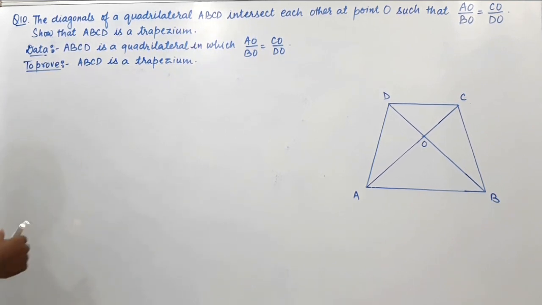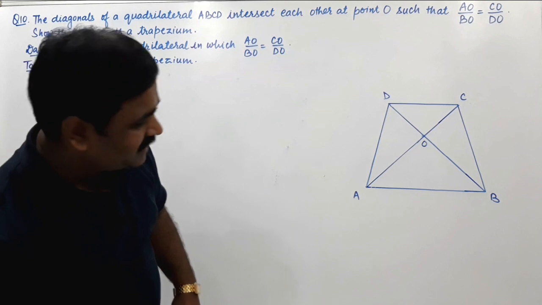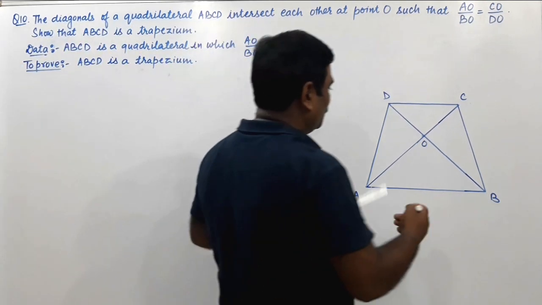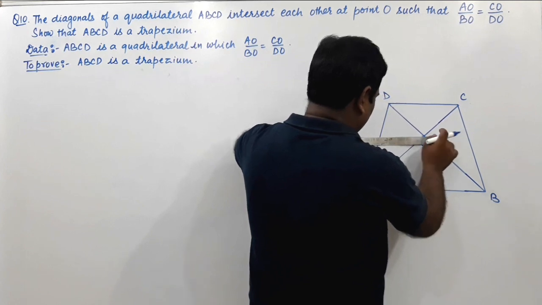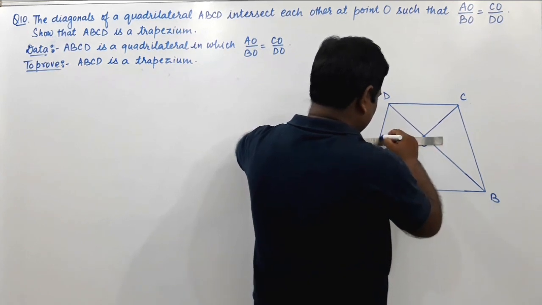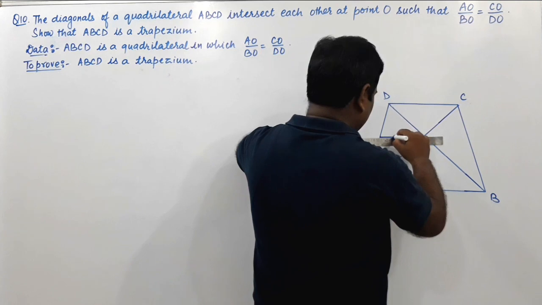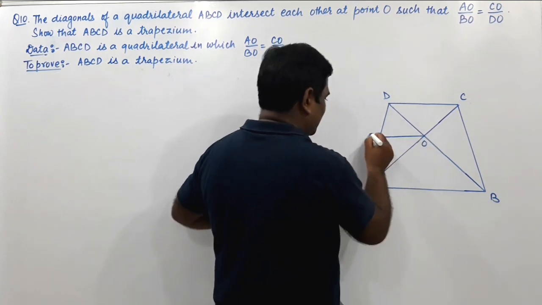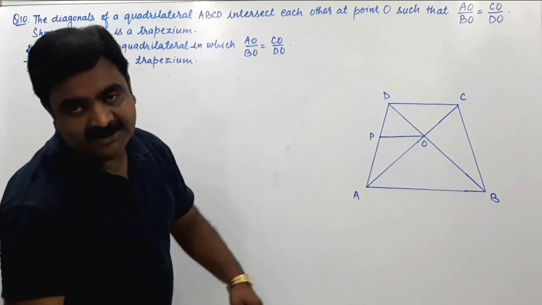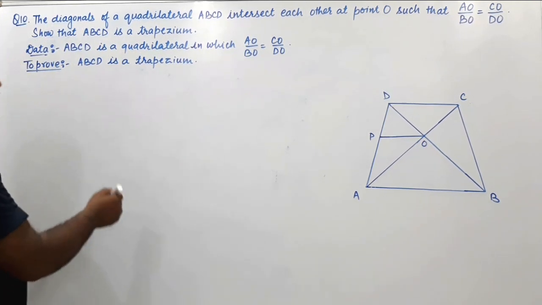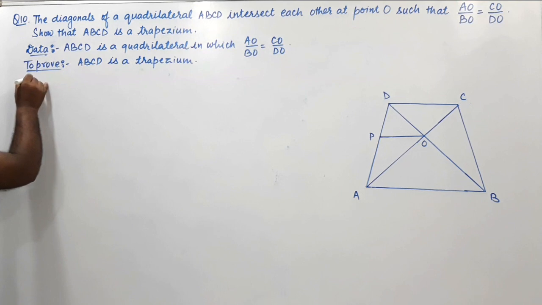So to prove this we need to do some construction. So draw a line PO in this such that this PO is parallel to AB. ये लाइन सेगमेंट हमने PO ड्रॉ कर दिया और ये PO किस तरह ड्रॉ किया, जिस AB की पैरेलल होना चाहिए, ठीक है। सो वी नीड टू राइट डाउन दिस कंस्ट्रक्शन ऑल्सो.